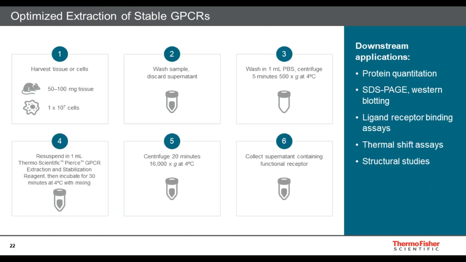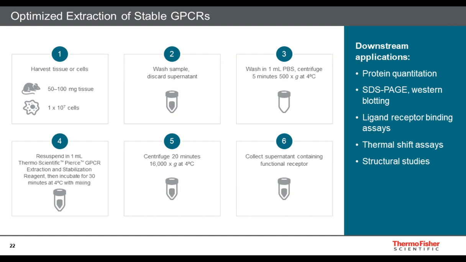So not only did we want an all-in-one formulation, but we also wanted to optimize the extraction protocol to be fast and efficient. This slide outlines the basic protocol. If you follow the numerical sequence, starting with your sample, whether that be tissue or cells, you wash your sample in cold PBS, spin it down, discard the wash, and then resuspend the resulting pellet in GPCR extraction and stabilization reagent.